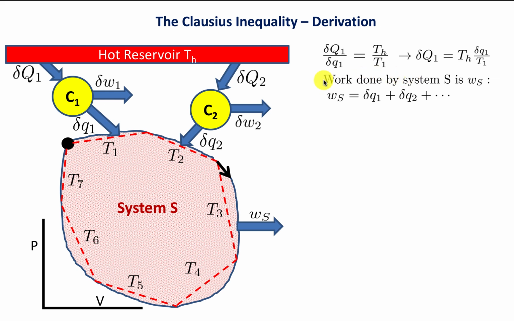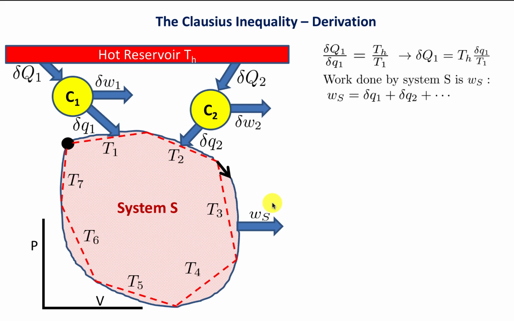Now think about the following. This system is receiving heat delta Q1 from here, delta Q2 from here, delta Q3 from here, etc. Of course, there is no second reservoir, so all this heat that is provided has to be converted into work.